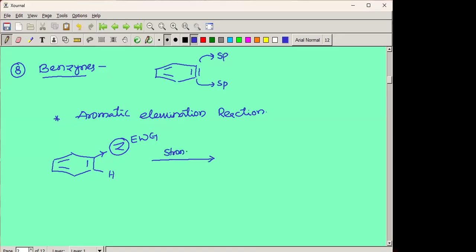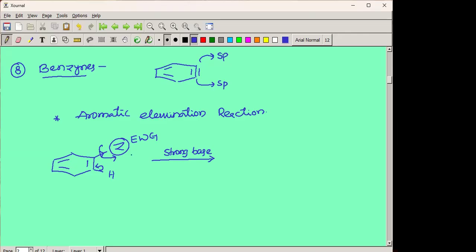The hydrogen gives its electrons to the carbon of benzene. So this carbon gets the negative charge, and this carbon gets the positive charge.